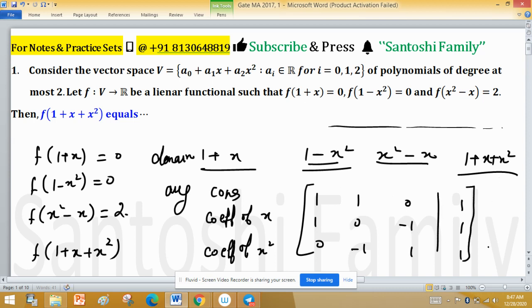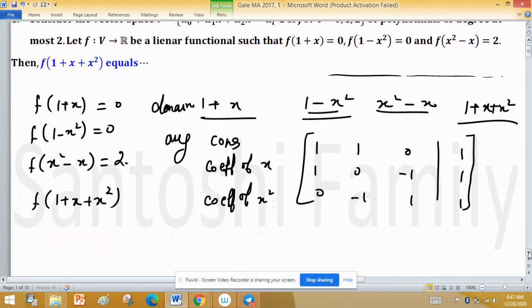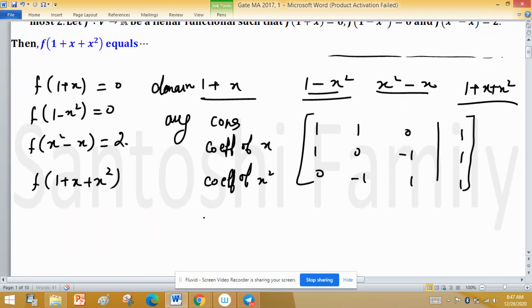Now reduce this augmented matrix to an equivalent matrix: 1 1 0 1, 0 minus 1 minus 1 0, and 0 minus 1 1 1.